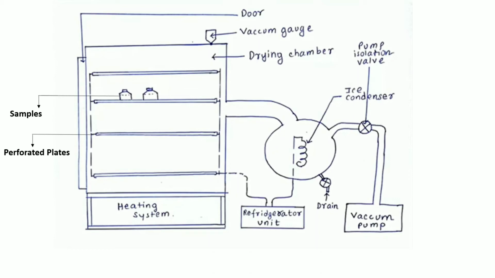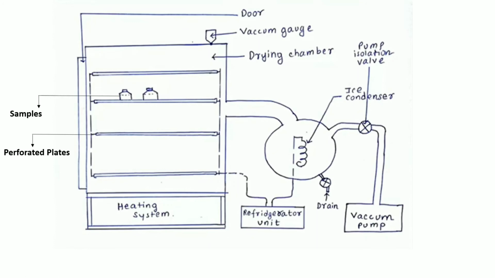So the liquid will get converted into ice. Then we are going to apply the vacuum pump. We are going to apply the vacuum. So pressure will be reduced, as well as we are going to heat the system using the heating system. So with the use of the heating system, we are going to increase the temperature.